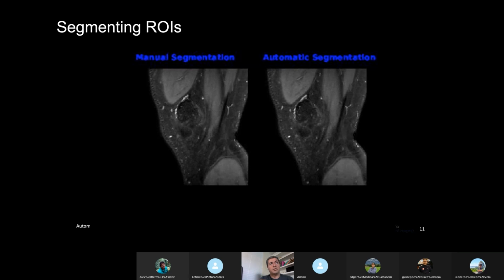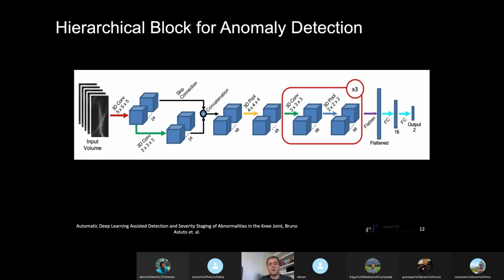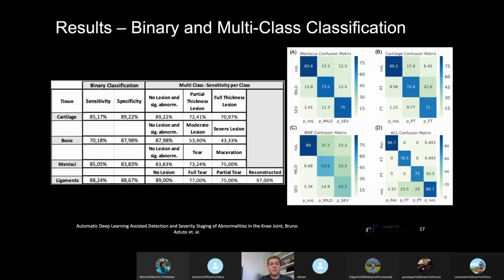Okay, I do not have numbers on this slide. I do not have numbers on the anomaly detection part. The numbers that I show here in the slides are from our test set, our holdout set that we use to generate this evaluation.